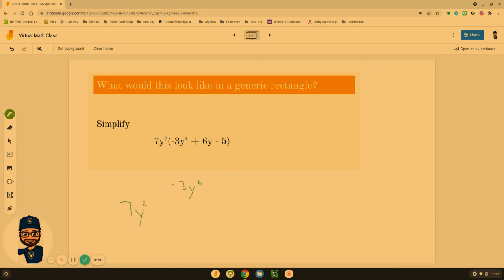And this is just illustrating a little bit further what the distributive property is doing. Right? I got to take that 7y squared and multiply it to each term of the trinomial. So times that one, times the second one, and times the third one. And so this box just shows me that, okay?